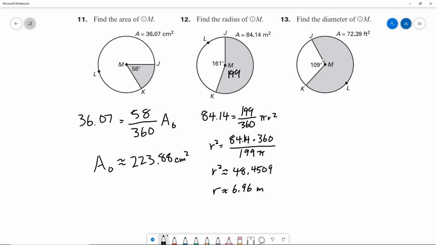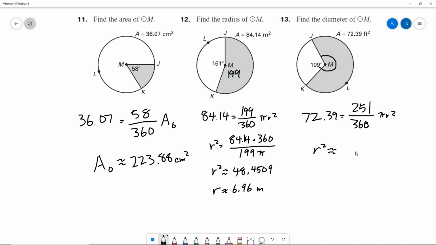And here again, we are asked to figure out what the central angle is. In this case, our central angle, our theta, is going to be 109 subtracted from 360, which gets us 251 over 360 times pi r squared.